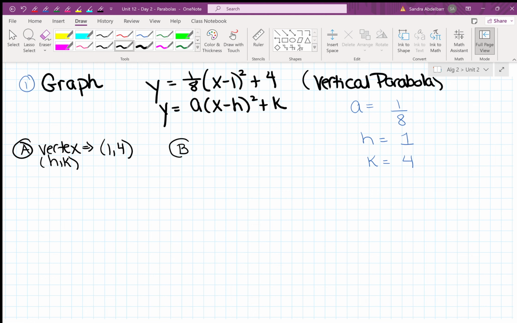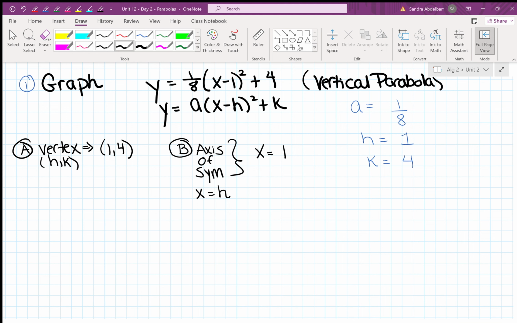Then I want to find the axis of symmetry. If you remember, the axis of symmetry for a vertical parabola is x equals h. It's going to be a vertical line. So this axis of symmetry is x equals 1.